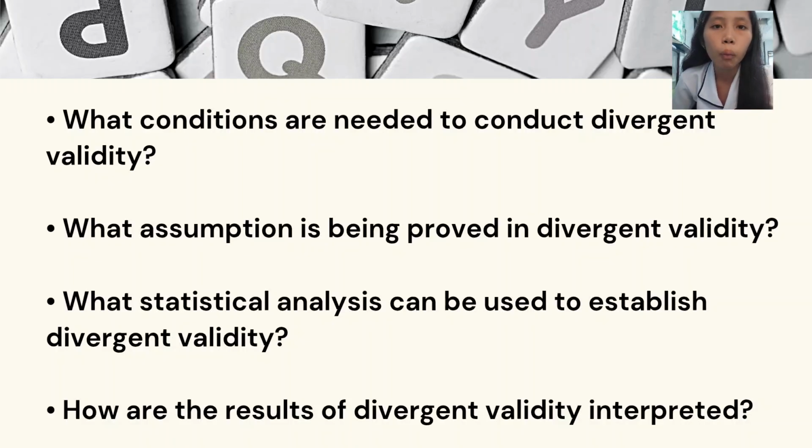And what statistical analysis can be used to establish divergent validity? So let's take note, when we talk about divergent validity, the statistical analysis that we can use is independent sample t-test or yung ANOVA. Yan. And how are the results of divergent validity interpreted?